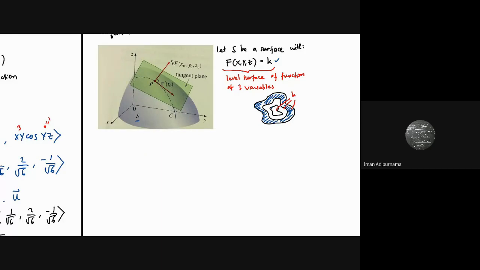Okay, back to this picture. So let the point P be at this coordinate, and the point P is on the surface, and then we also have C there. It's a curve also on the surface S that passes through P, and our C has parametric equations, a vector function.